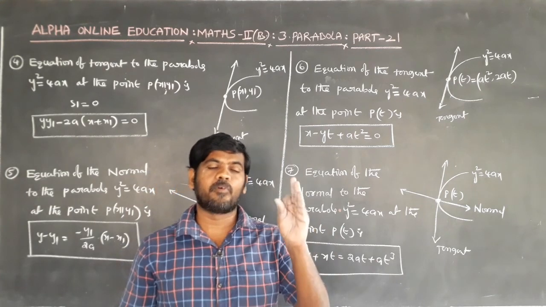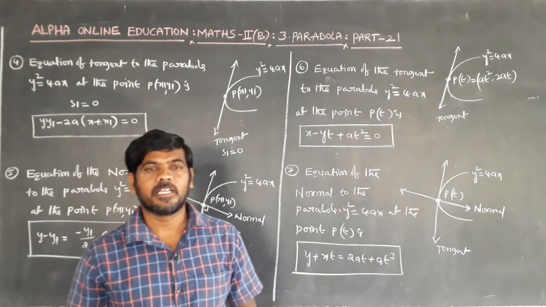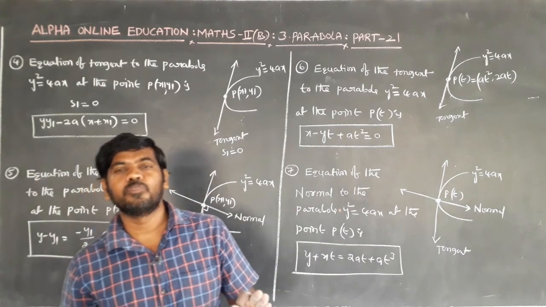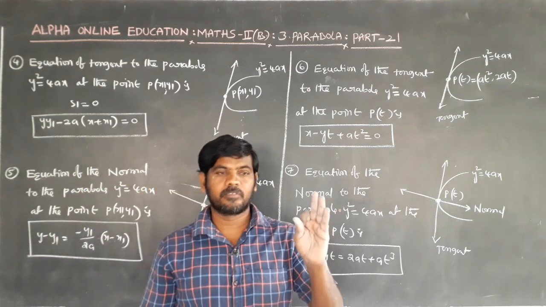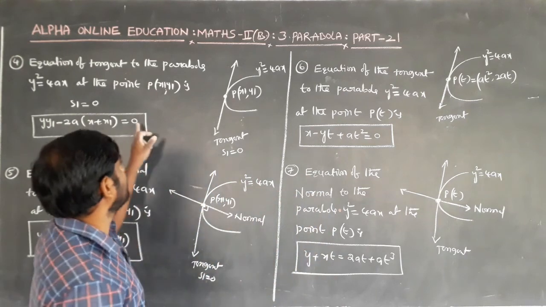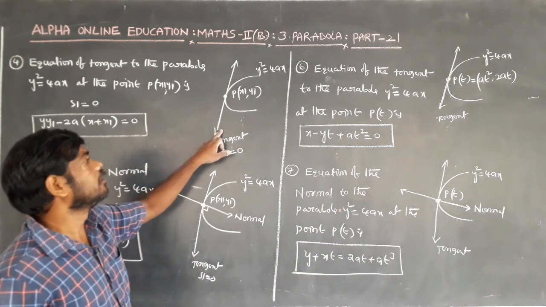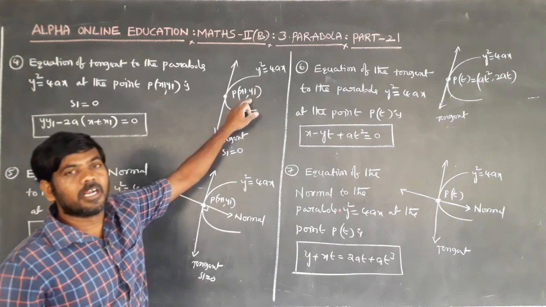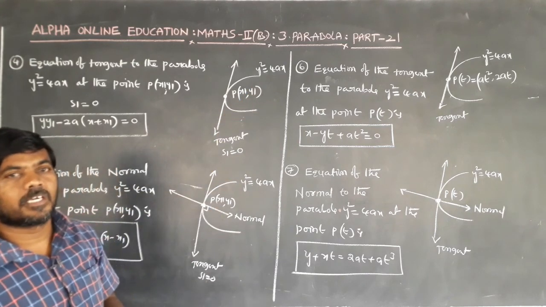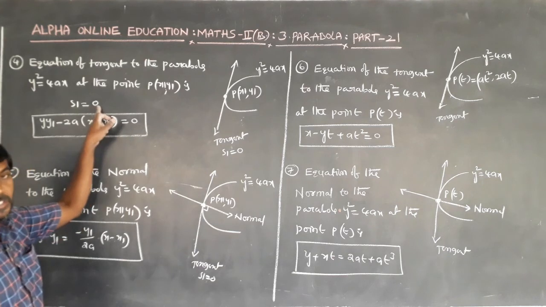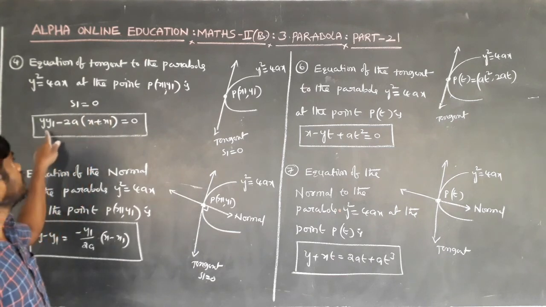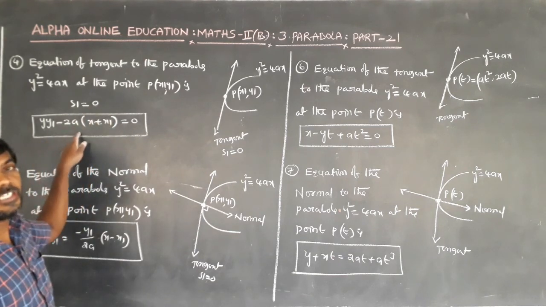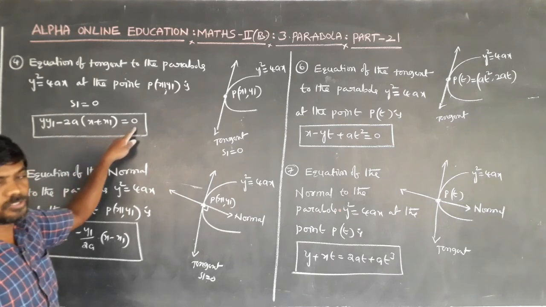Third one is the point of contact: a by m square comma 2a by m. Fourth one is the equation of the tangent to the parabola at the point P(x1, y1): S1 is equal to 0, which means y y1 minus 2a into x plus x1 is equal to 0.